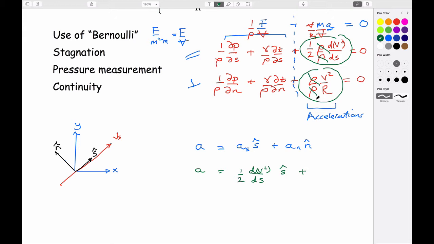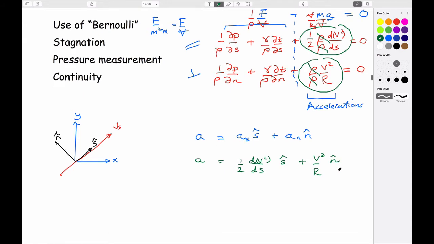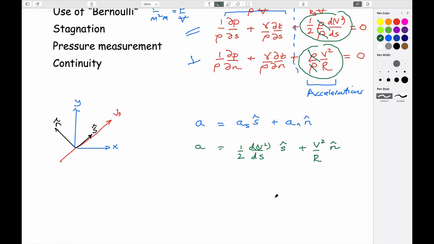Again, these drop out, and it's just v squared over r multiplied, well, it's not a dot product, multiplied by the vector n. And so that gives us an acceleration along the streamline. This is a vector. I guess I should make that clear. And these are vectors.